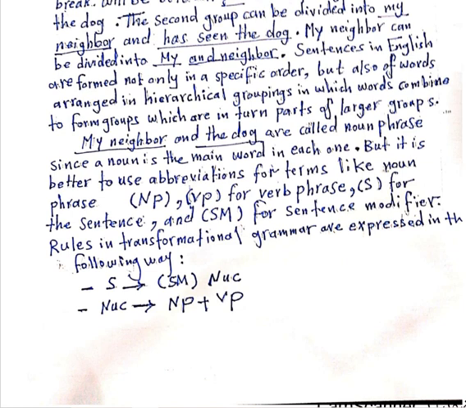What does the word modifier mean? A modifier is a word or a phrase or a clause that gives information about another word in the same sentence, like in our sentence.